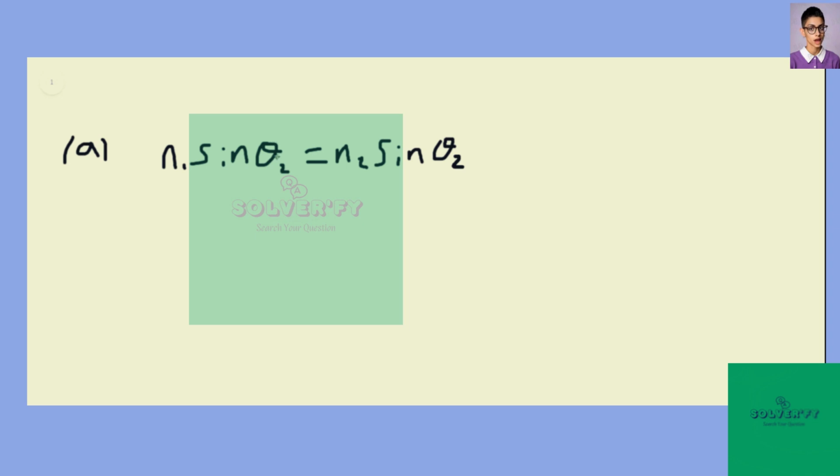Oh, I wrote theta 2 here. This should be theta 1. Change that. So we know theta 1 and theta 2. So we have N1 times the sine of 45 degrees is equal to 1, that's the index of refraction N2, times the sine of theta 2.